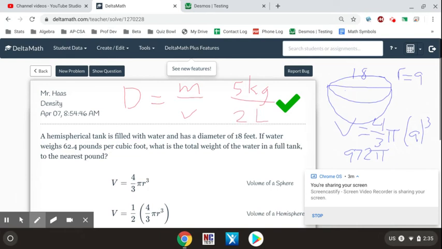So you would have a density of 2.5 kilograms per liter. And anytime it's density, it's going to be a per. So that's how you could be asked to calculate density on some of these other problems. But on this one, they gave us the density and we were solving for mass.